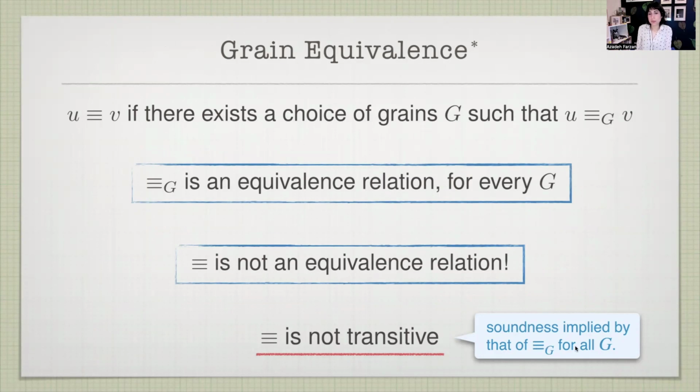And then this being sound is just implied by the soundness for all choices of G. This is effectively just the union of those equivalence classes. Okay. So you're only declaring things to be equivalent that are equivalent up to a sound choice. Mhm.